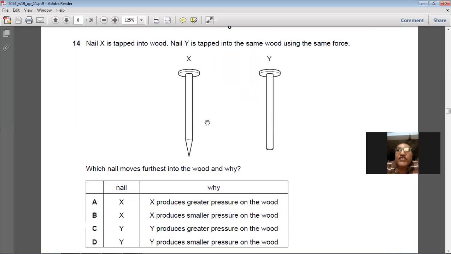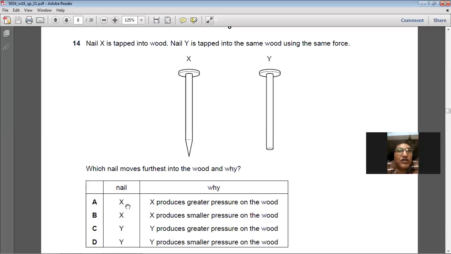You have applied the same force, so where the contact area is larger, the pressure on the wood will be smaller, and where the contact area is very small, the pressure will be very large. So X will go farthest, because the pressure on the wood will be greater.